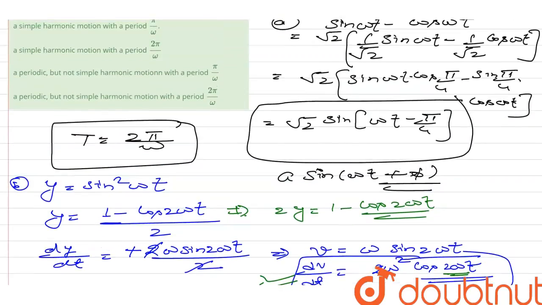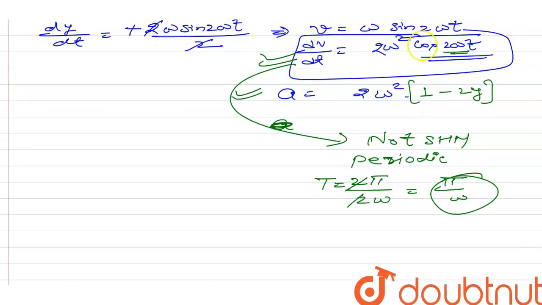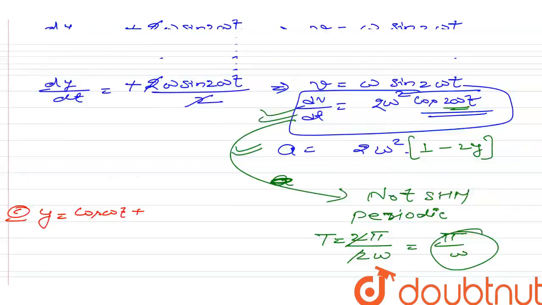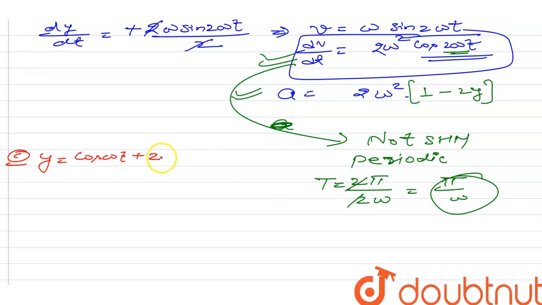Now we talk about the third part, that is cos omega t plus 2 sin square omega t. So consider that y is equal to cos omega t plus 2 sin square omega t.